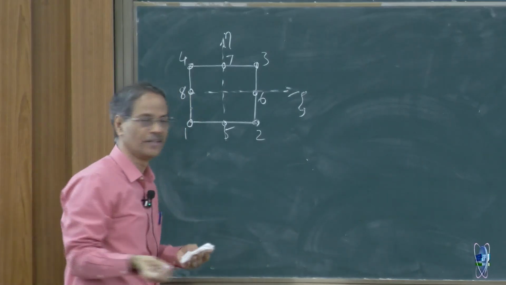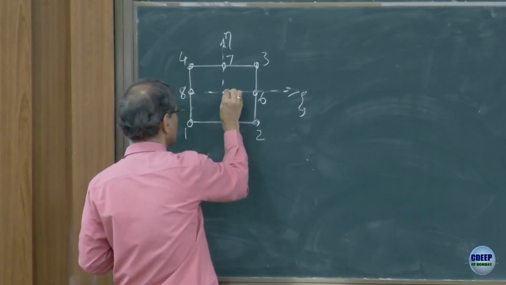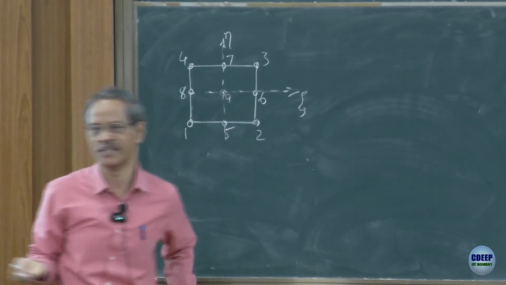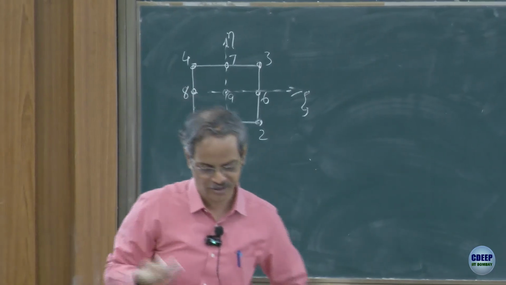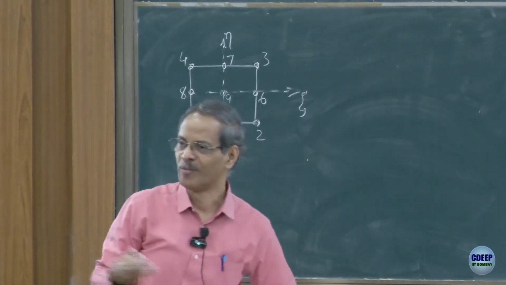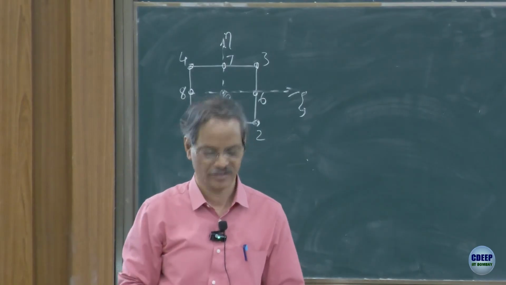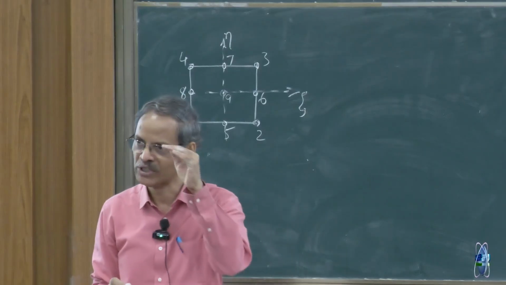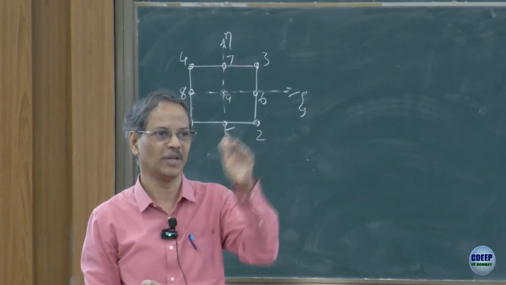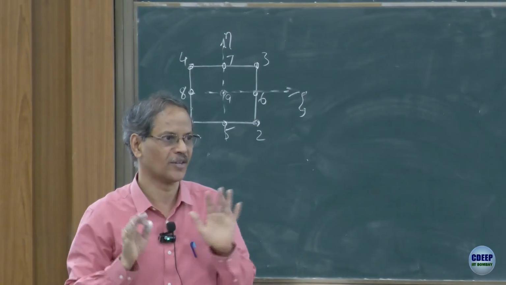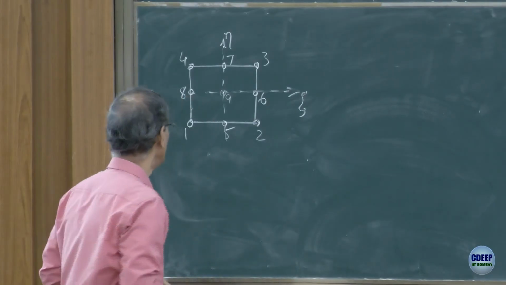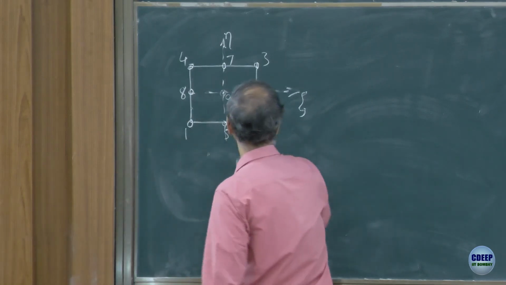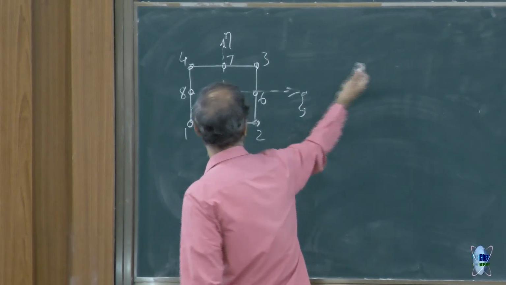Sometimes you will see that another node is put here at the center, that would be the 9th node. Sometimes you will see that it is not there. We might discuss it a little later if necessary, but right now let us not get distracted. With one element type, let us see how the formulation goes. That is how we are looking at it right now. So if you look at this now, this is the zeta eta coordinates. In the real physical coordinates, it could be a curved element.